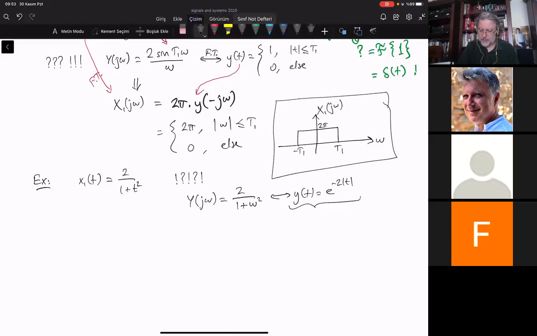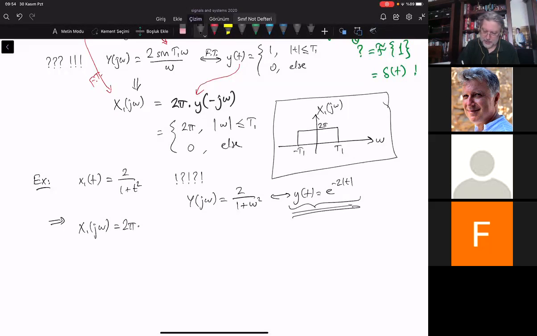So if this time signal y of t gives you this y of j omega, then the Fourier transform of this capital X1 of j omega will be 2 pi times this thing in the form of j omega, but flipped around.